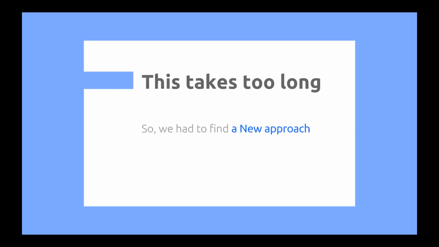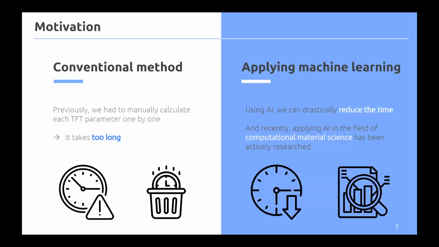This performance evaluation process is very time consuming, so we tried a new approach. Most device performance evaluation processes generally require the experimenter to calculate and confirm the results directly. This is a time-consuming task.